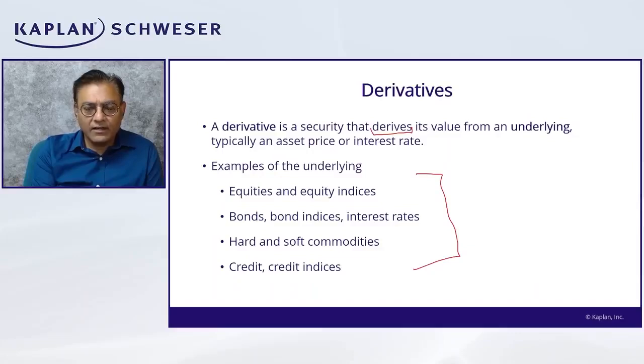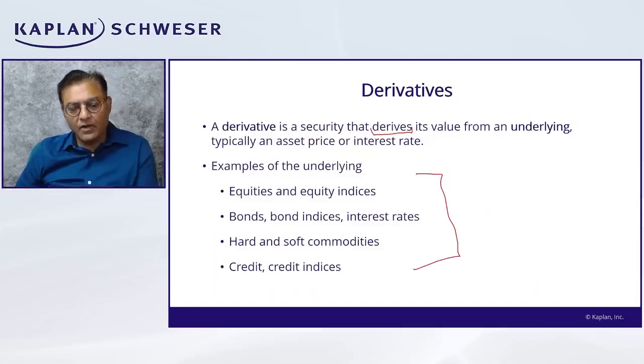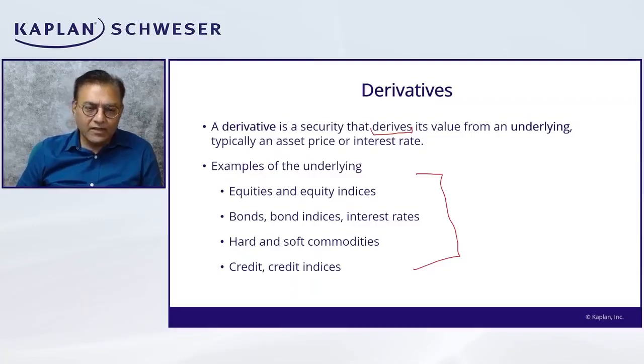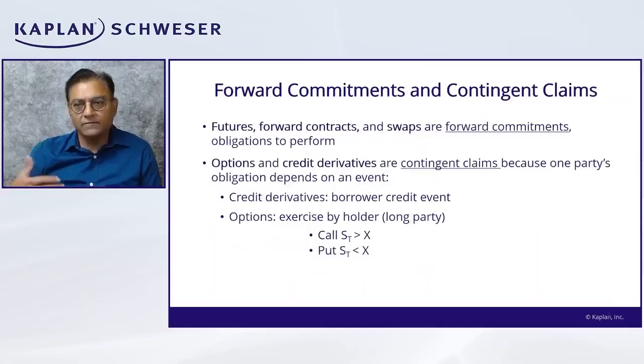And it can also derive its value based on commodities as well as credit and credit indices. So the underlying can be a variety of different types, and obviously the derivative differs based on the fluctuation in the value of the underlying.